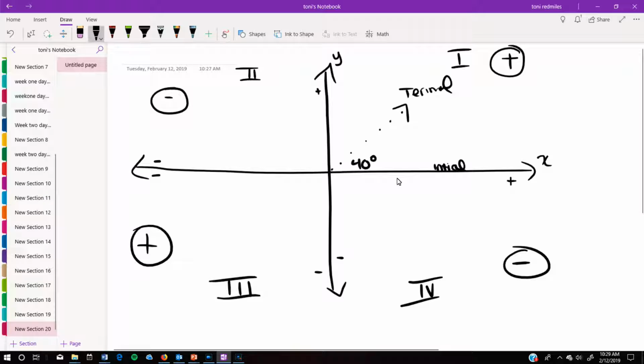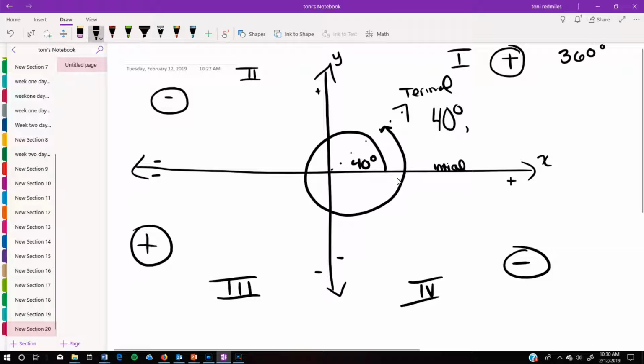Okay, so let's do a little review. There are 360 degrees in a full Cartesian plane. So I start at initial, and if I go round to the terminal side, I just went 40 plus a full 360. So my first angle is the 40 degrees.